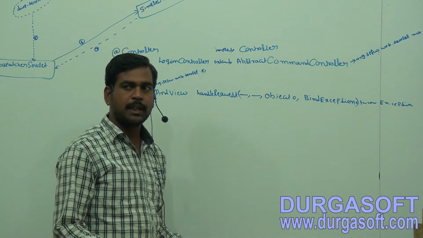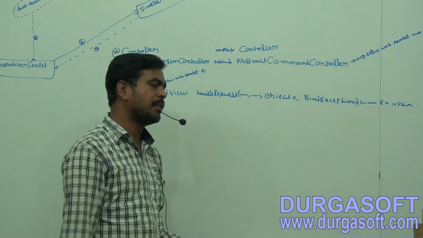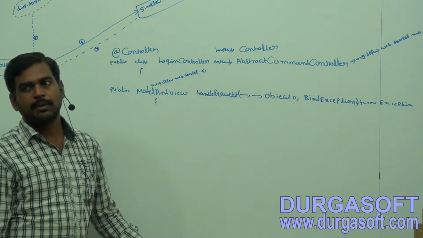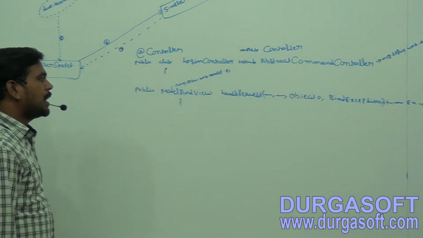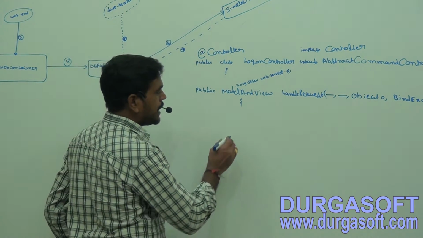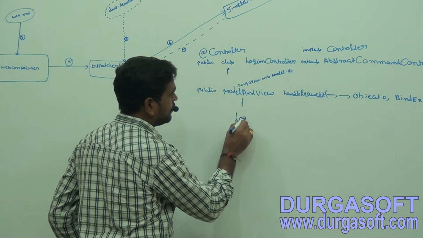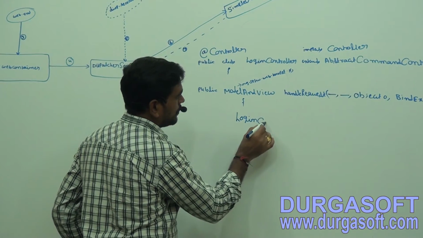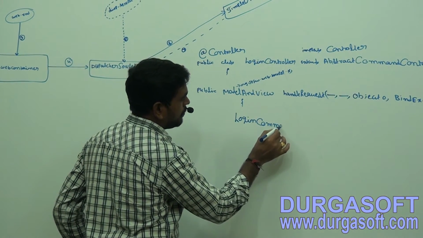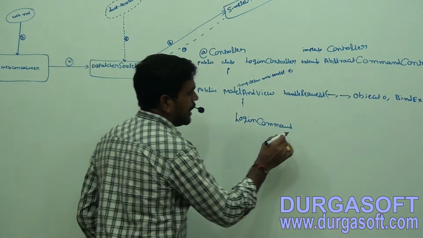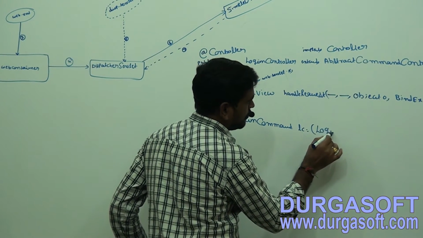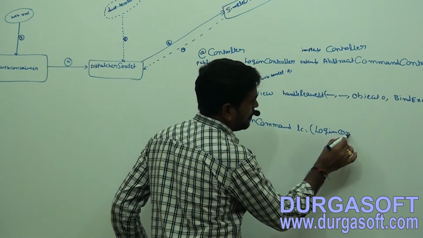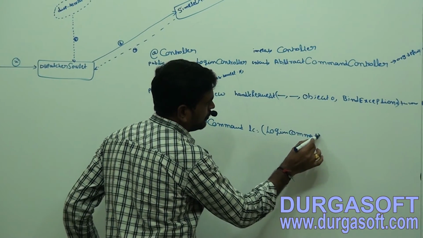If you enter duplicate URLs, then automatically we get BindException for this application, right? Now after that we can take LoginCommand lc equal to LoginCommand of o.